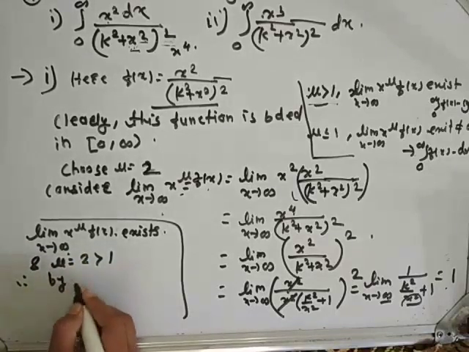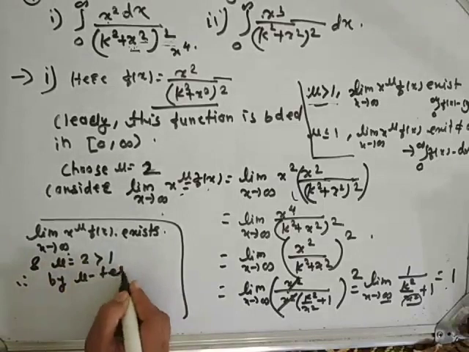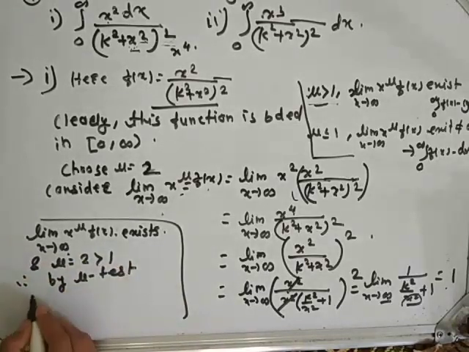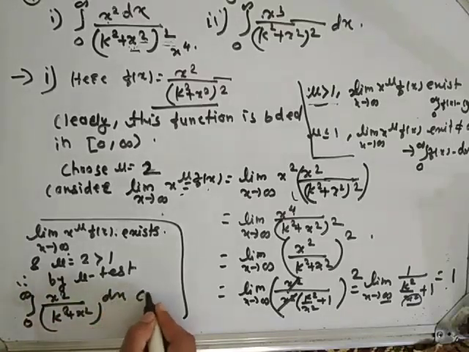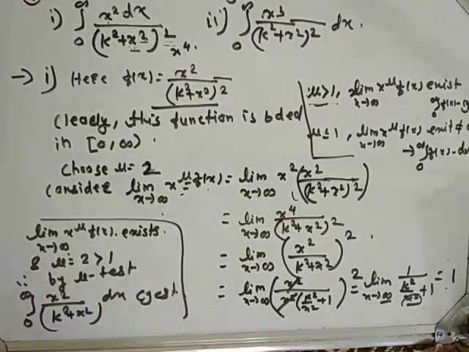Therefore, by mu test, integral from 0 to infinity x square dx upon (k square plus x square) whole square converges.